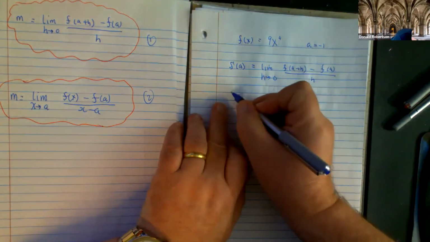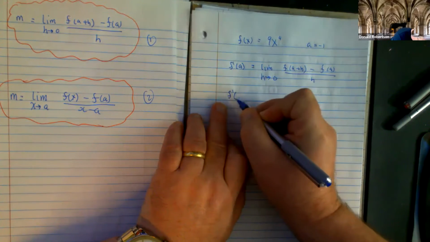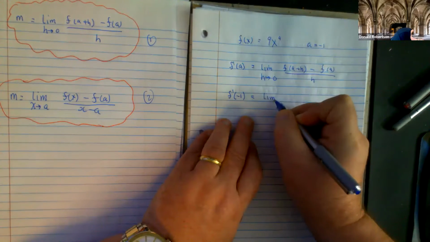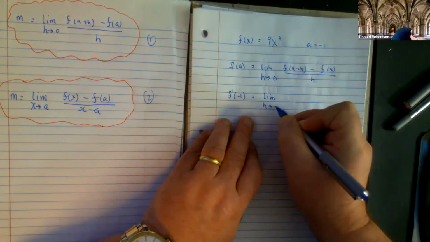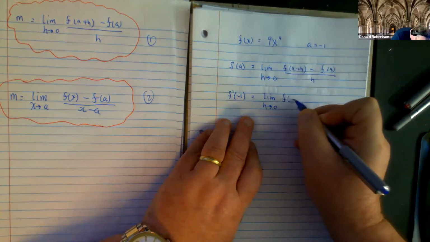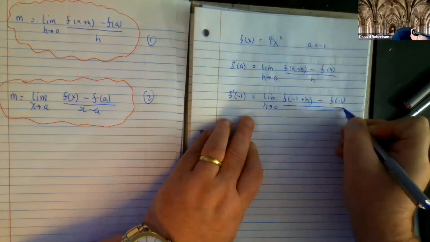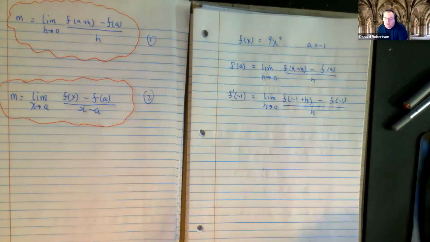So when I put in f dash -1, that now becomes the limit as h tends to 0 of f of -1 plus h, take away f of -1, over h, right? I'm just replacing the a with -1.